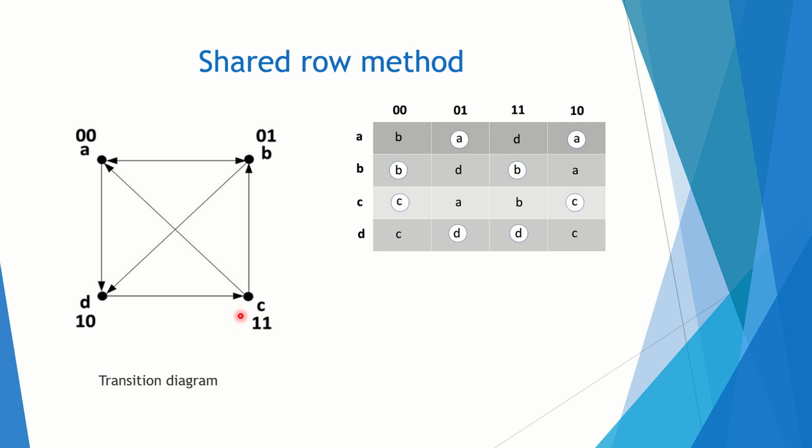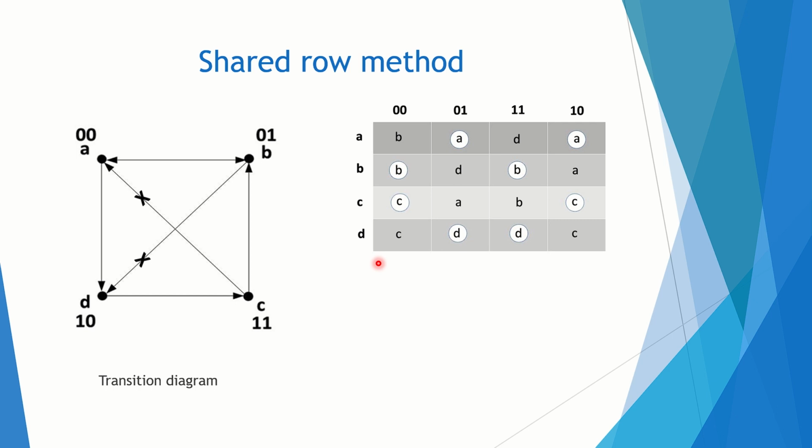D to C is also allowed. But C to A has two variables changing, so that is not allowed here. Then B to D is also a two variable change. So these two transitions are not allowed, and we can cross them out.